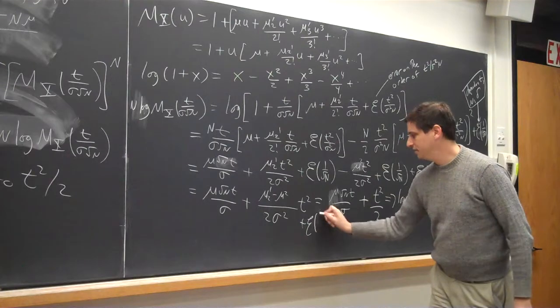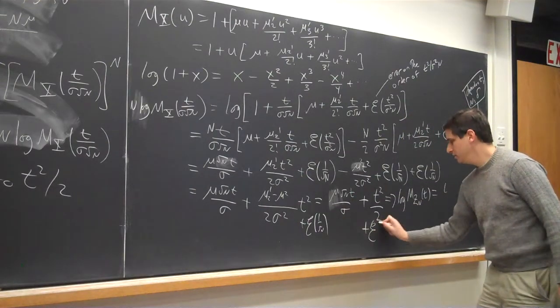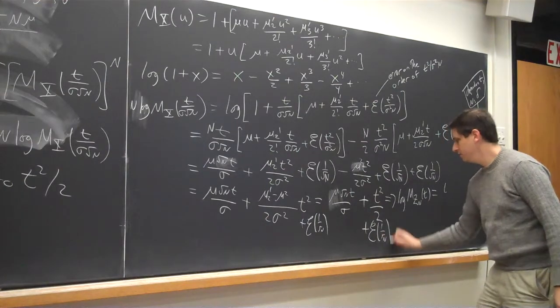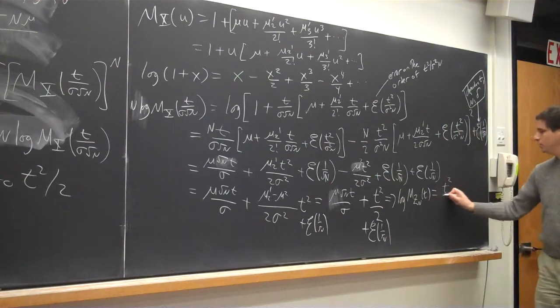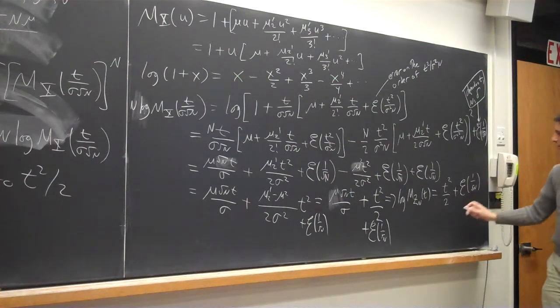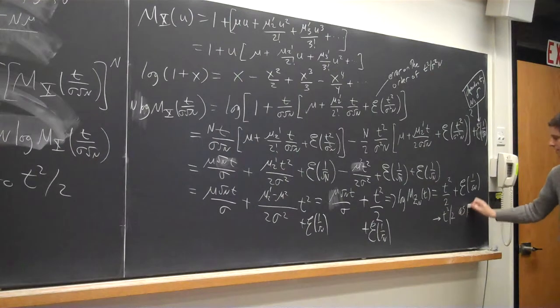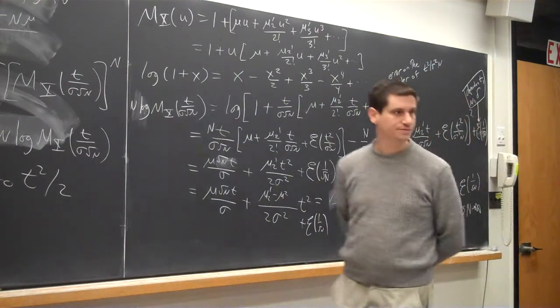Plus an error of size 1 over square root of n, plus an error of size 1 over square root of n, will just be t squared over 2 plus an error of size 1 over square root of n. And this goes to t squared over 2 as n goes to infinity. And that finishes the proof.